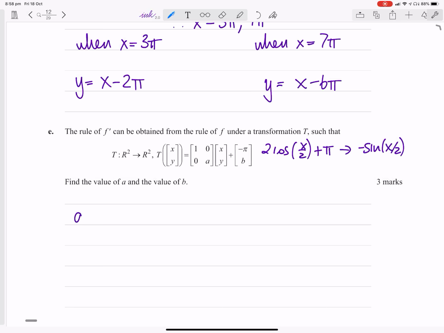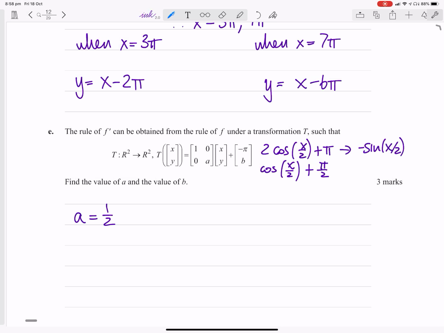So we would say a equals a half, and when we let a equal a half, this graph would become cos x on 2 plus pi on 2.